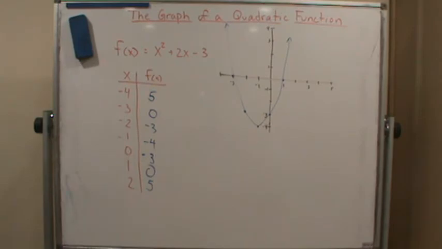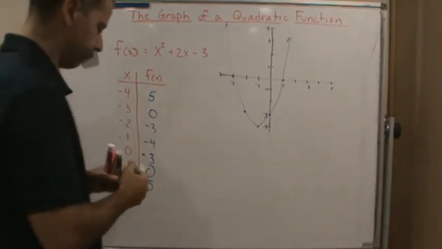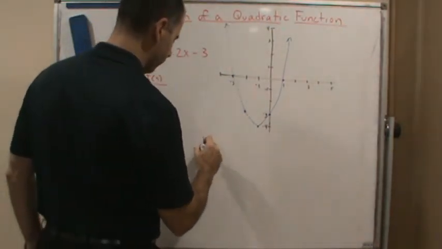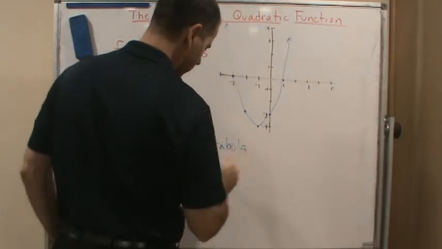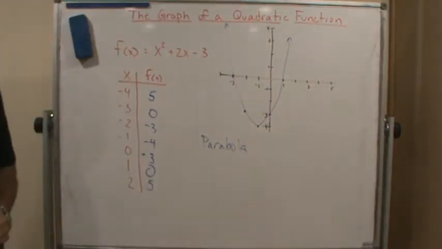And so that's what we get for this quadratic equation, and this is what we call a parabola. A parabola is the graph of any quadratic function.